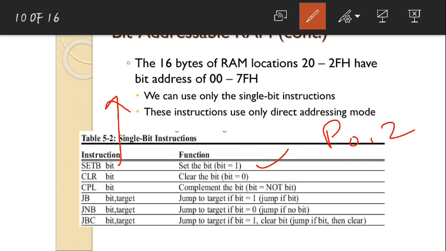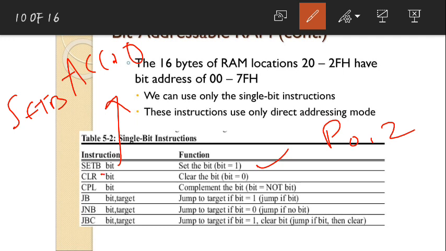If you want to make the LSB, the least significant bit of the accumulator, 1, you can write SETB ACC.0. This is the LSB bit, right? Then you make that least bit equal to 1 because you are setting that bit.